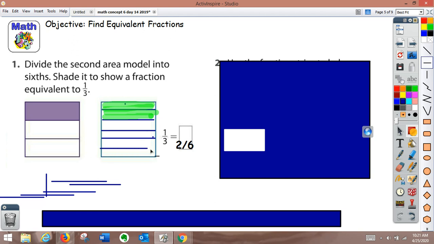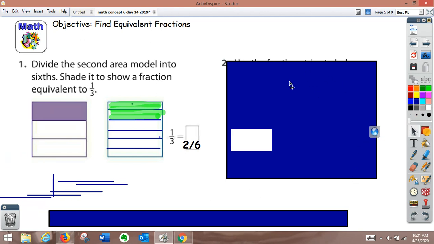Did I do it in 6? They're not exactly equal. I did that a little quick, but 1, 2, 3, 4, 5. Yep, I've got it into sixths. And I've shaded 2 of them. So this 2/6 is the same as 1/3. If I eat 1/3 of the pizza and Jake eats 2/6 of the pizza, we ate the same amount of pizza, equivalent, just different names.